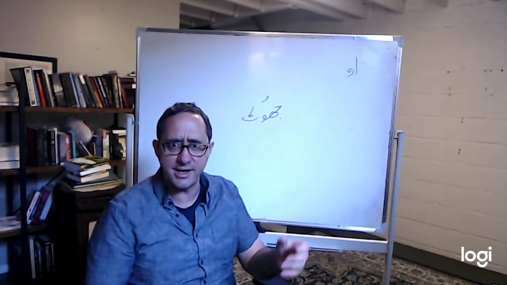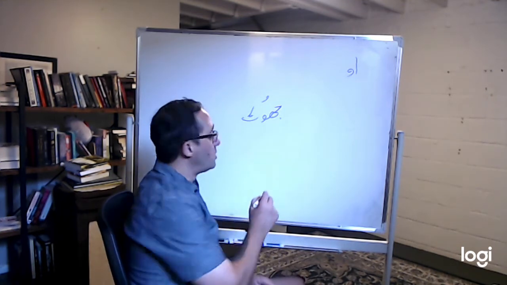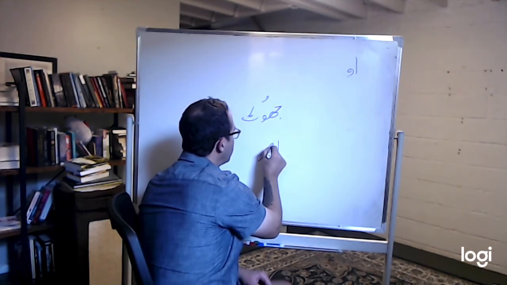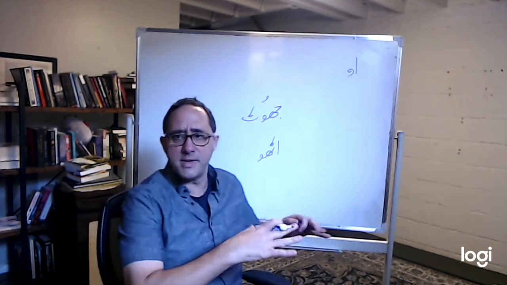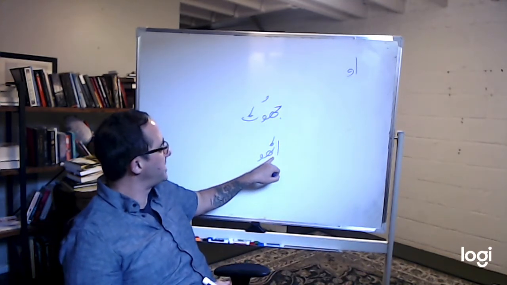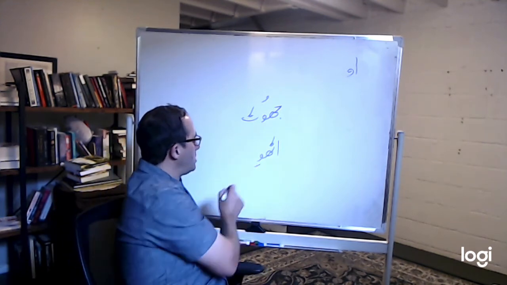Jhuth, ye jhuth hai. That's a lie. Utho. Utho, meaning like get up, get up. Aspirated with o. Utho, utho.